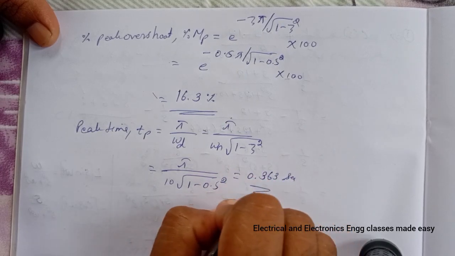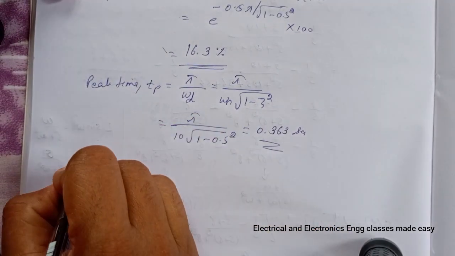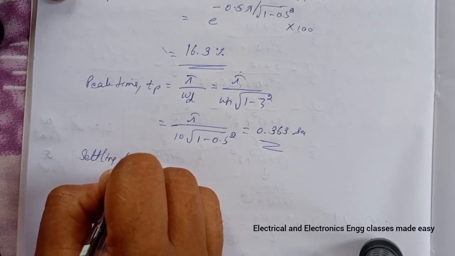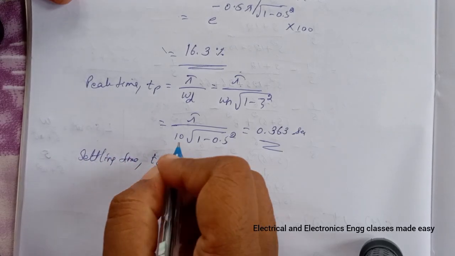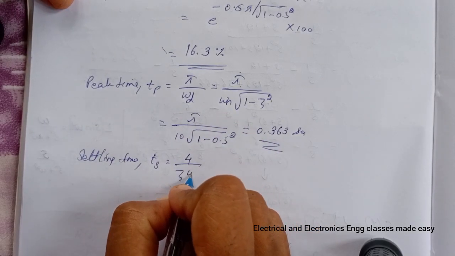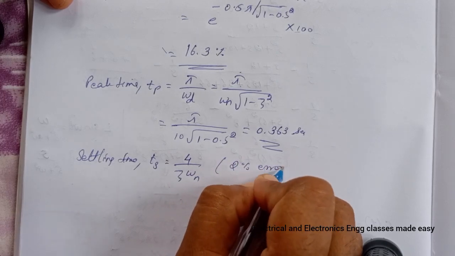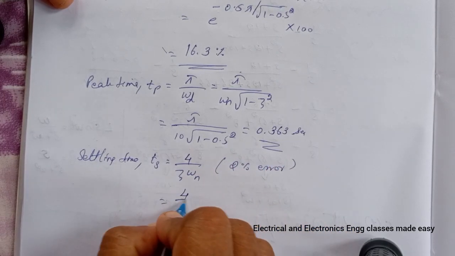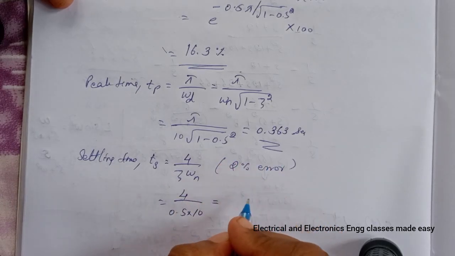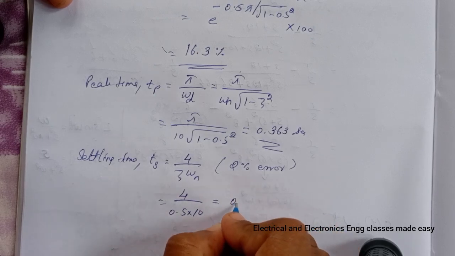0.363 seconds. Now to find the settling time, Ts is equal to 4 divided by zeta omega n for 2 percentage error, and that is equal to 4 divided by 0.5 into 10, and that is equal to 4 by 5, that is 0.8.